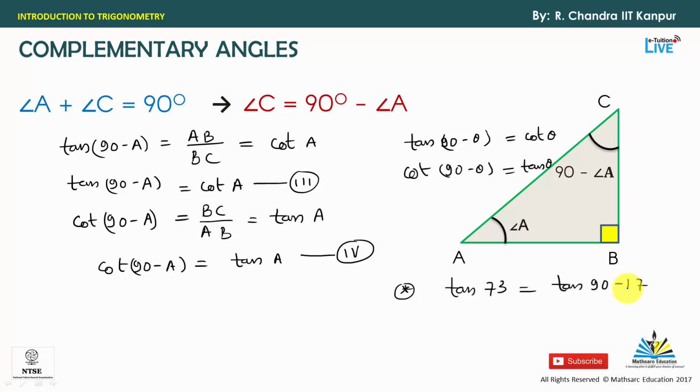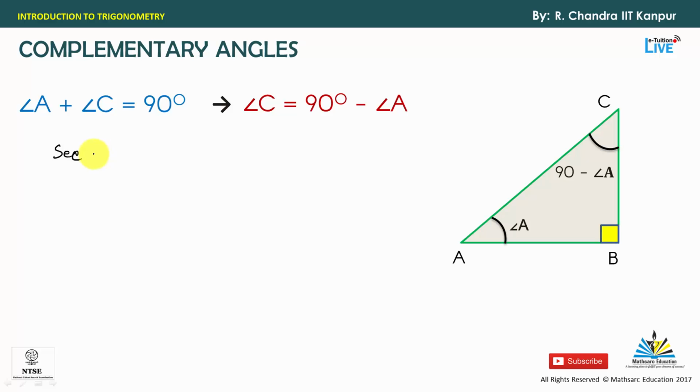As you can see, 17 plus 73 is 90. So 90 minus 17 can be written as cot 17 as per the formula tan 90 minus theta equal to cot theta. I have written theta as 17 degree. So this implies tan 73 is equal to cot 17.